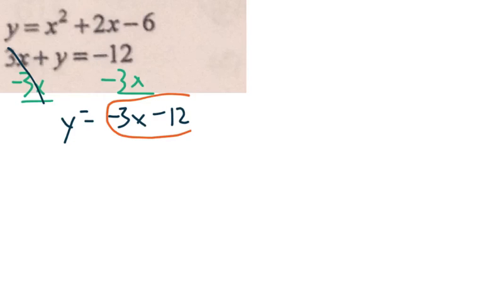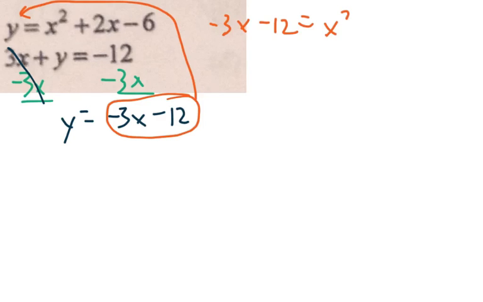Now I can take that negative 3x minus 12 and substitute it into the other y. So now I have negative 3x minus 12 equal to x squared plus 2x minus 6, right?